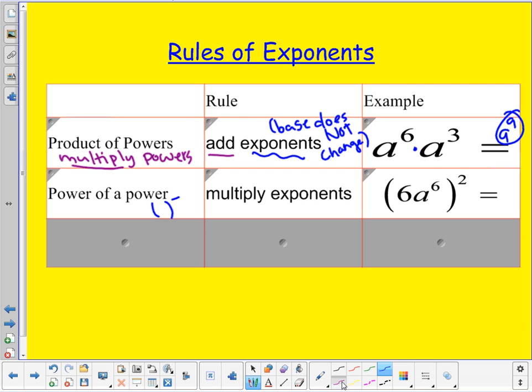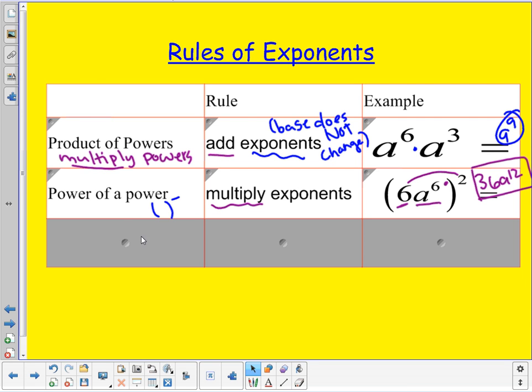So what happens here is I need to take 6 squared, which is 36, and then I need a to the sixth squared, which I do 6 times 2, and that's a to the 12th. So the number part was raised to the power, like normal. We're used to that. 6 squared is 36. But the variable part, I multiplied the exponents. So I do the operation underneath it with the exponents.